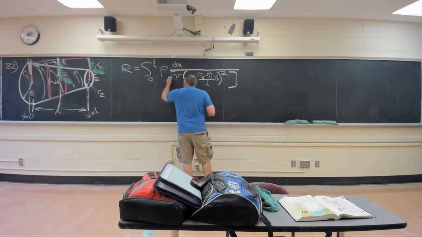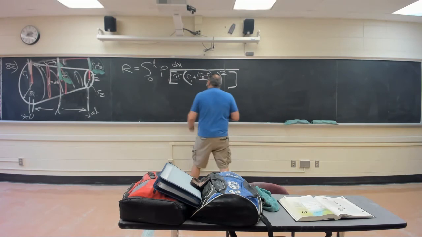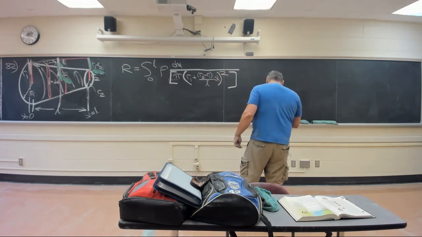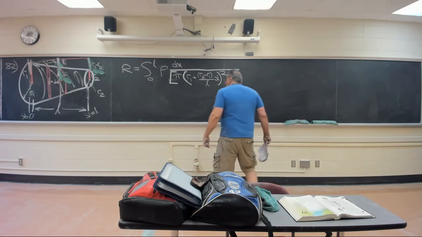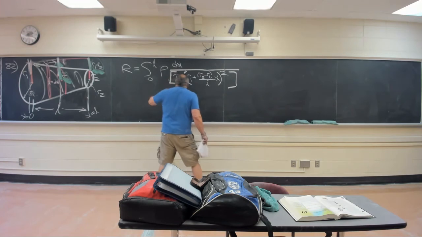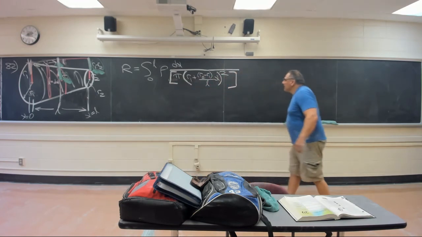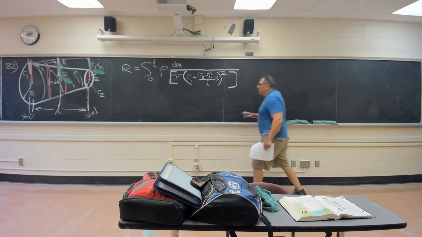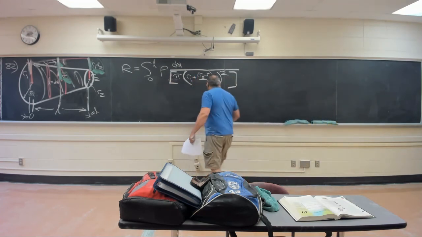So we've got the rho, we've got the pi. Okay, so it's up here, guys. We could take that out of there and deal with it. So the rho and the pi are constants.